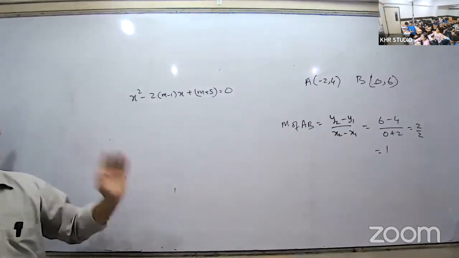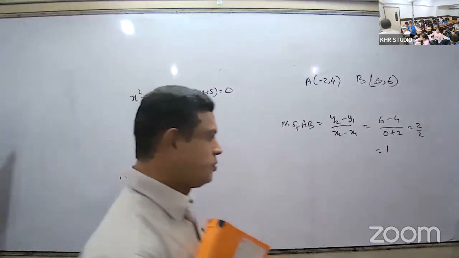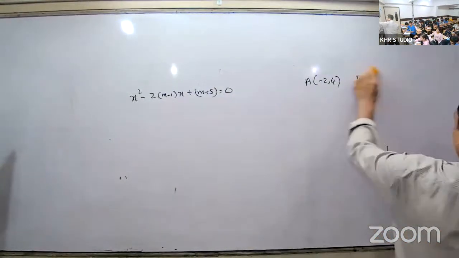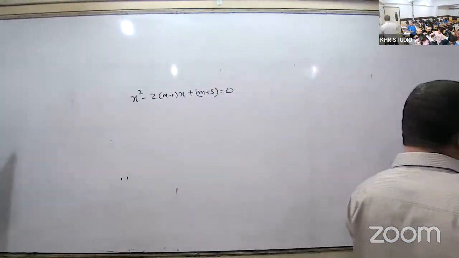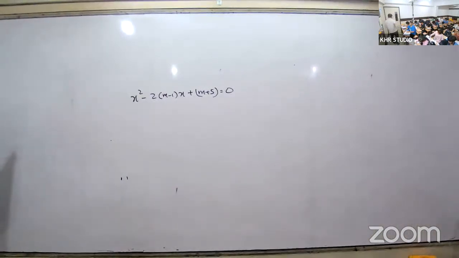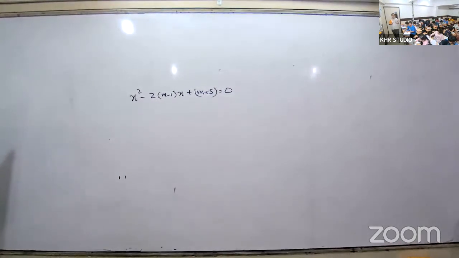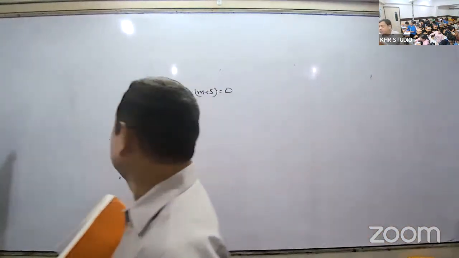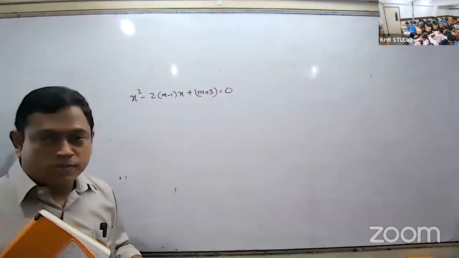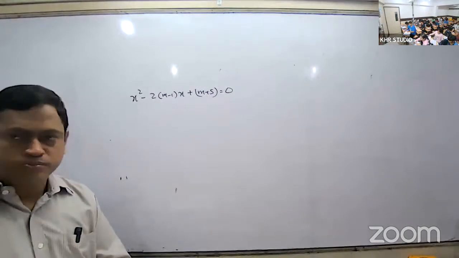Also find the solution. For what value of m are the roots equal? Also find the solution. Everything is written over there: x square minus 2 times (m minus 1) into x plus m plus 5 equal to 0.